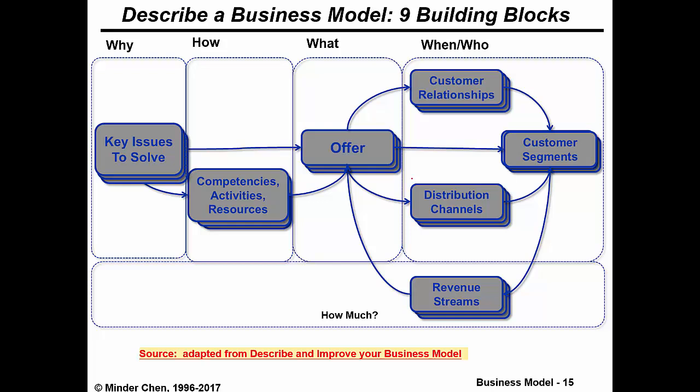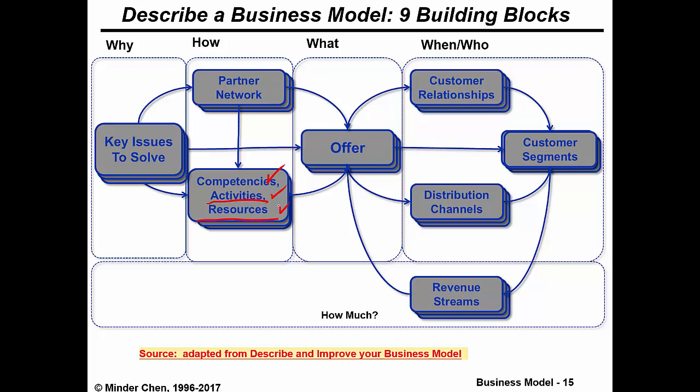And then you need to think about how you're going to deliver your offer based on your own competence, the activity you want to perform, and the resources that may be required. This key activity and key resource are two building blocks in our previous business model canvas. And you rely also on the partner network, the value network, which are your key partners.